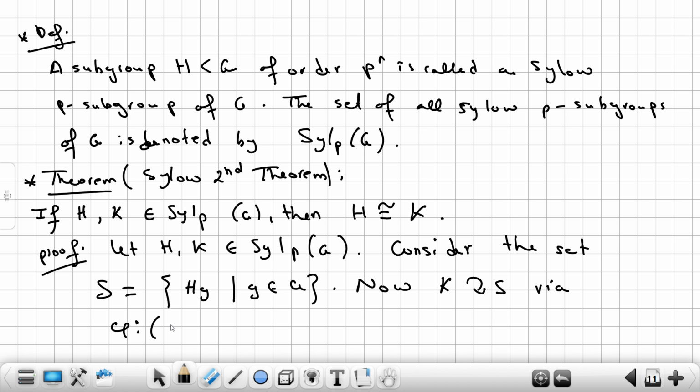What's phi? This map from each k, small k in the group K, acts on a right coset in S in this manner. So this is a well-defined map, and this is in S, of course.